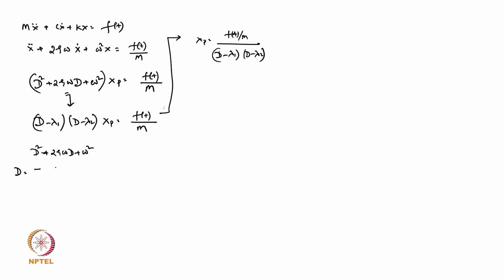D equals minus b plus or minus root of b square minus 4ac, by 2a.